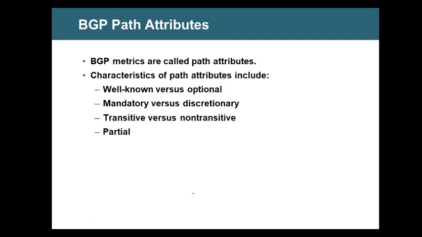Though we saw like we have 0 to 39, 11 attributes, they're all not of the same characteristics. Some attributes are known as well-known attributes. For example, I told you just now, next hop. You cannot see any update without a next hop.